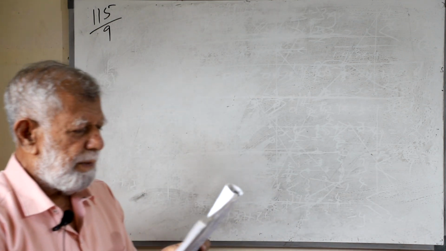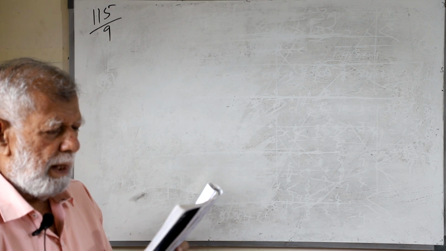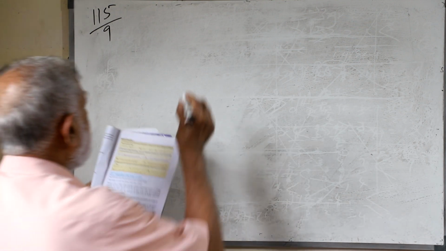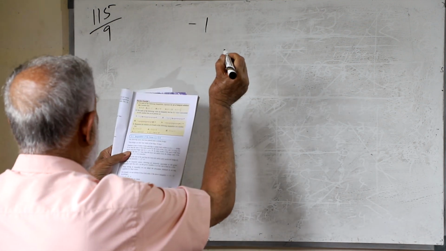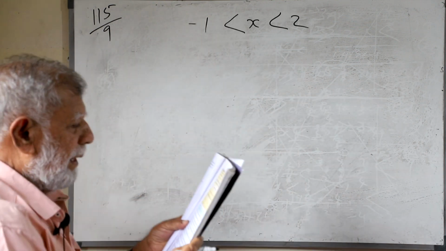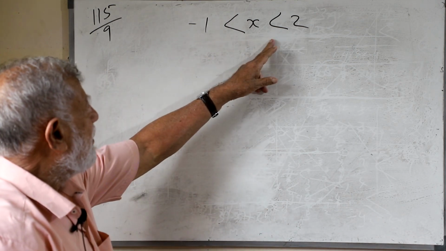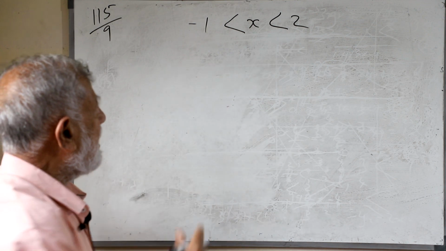Question number 3. Represent the solution set of each of the following inequalities on a number line. The first one is -1 less than x less than 2. So in this one there are 2 inequalities. So we have to take it as 2 inequalities. What is the first inequality?